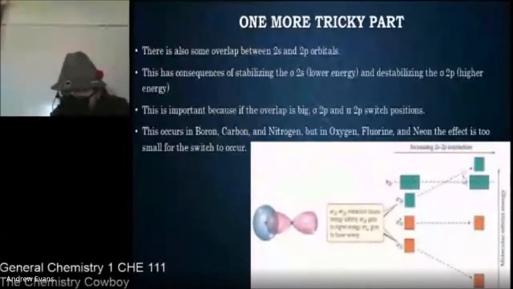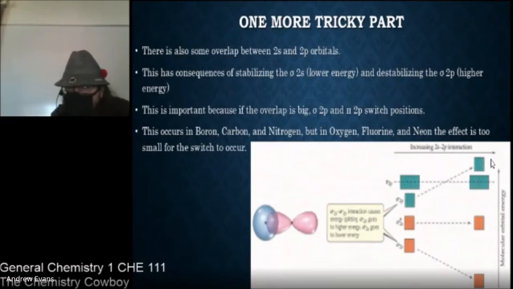And this typically occurs in boron, carbon, and nitrogen. But in oxygen, fluorine, and neon, this effect is too small for the switch to occur, so you won't see it. All this will mean is that when we look at the diatomics of these guys, it's going to be arranged slightly differently.